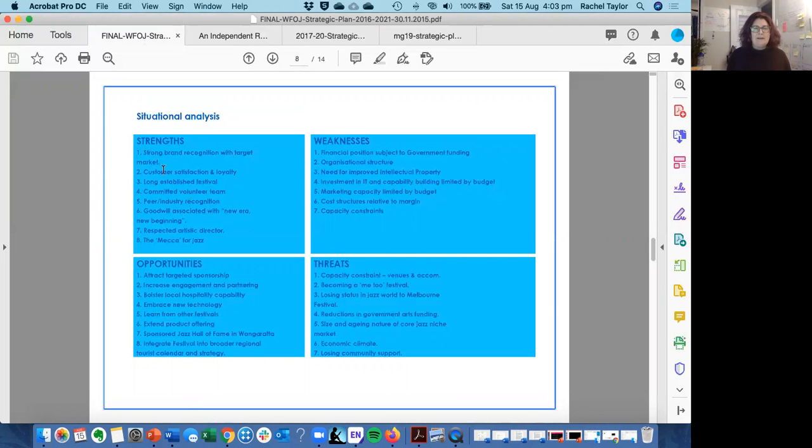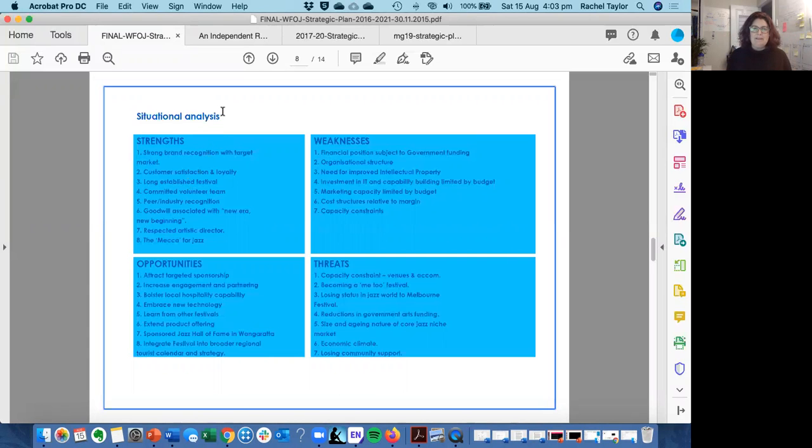And I imagine they've prioritized them here as well. So they've not only identified their strengths, opportunities, weaknesses, and threats, but they've put them in some order, this is our key strength, our second highest strength, etc., which then enables them to take that information and start to design strategies that align with this.